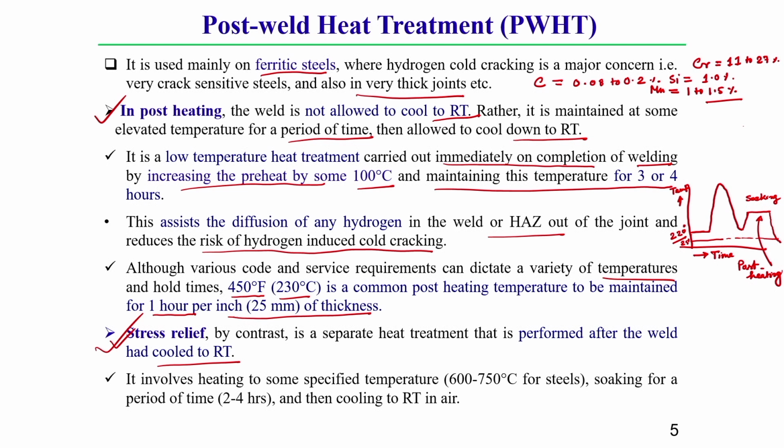After that, we reheat the weld specimen to a temperature of about 600 to 750 degree centigrade, and we hold this temperature, which is called soaking time. Here you can say we hold this temperature for around 2 to 4 hours. Then it is cooled down to room temperature.